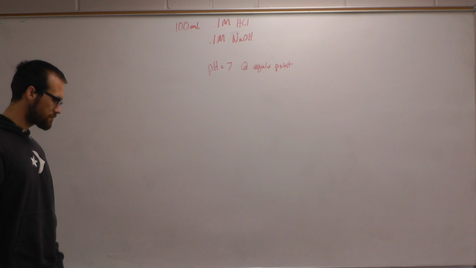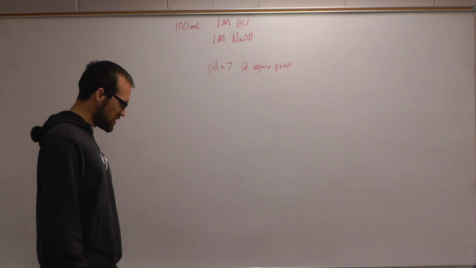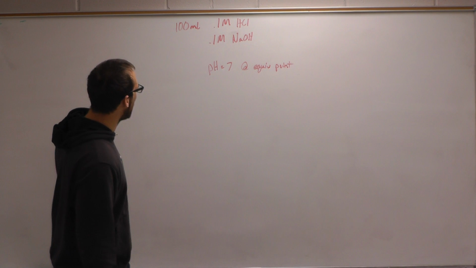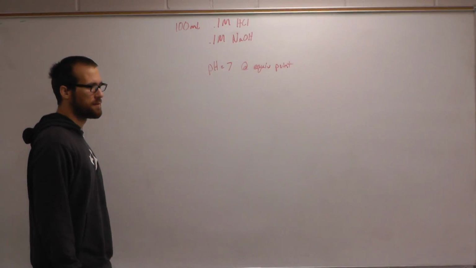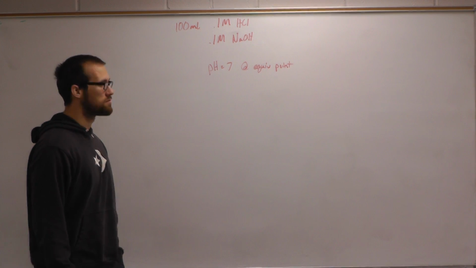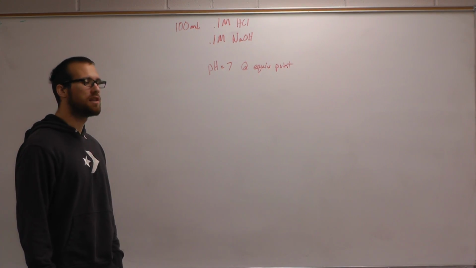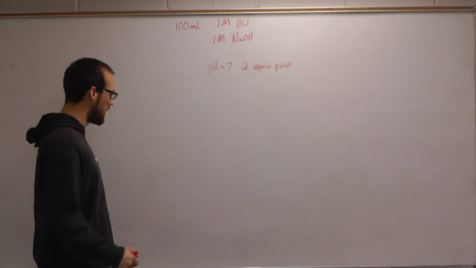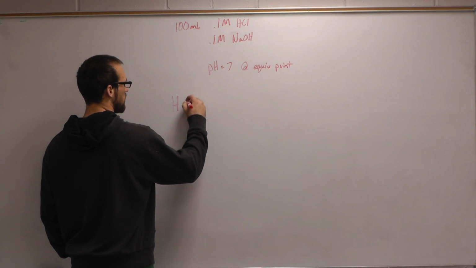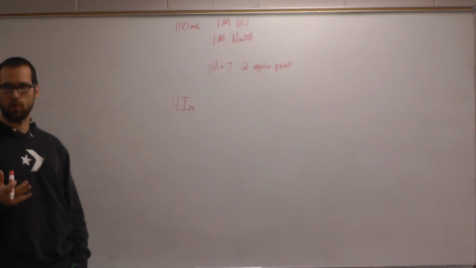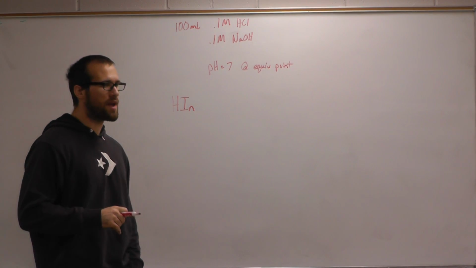Okay? Initially, what form will my indicator be in? Now I'm not asking what color, what form, acidic or basic. Initially, I'm going to be in my acidic indicator form. Now, depending upon what indicator we choose, that might be a different color.